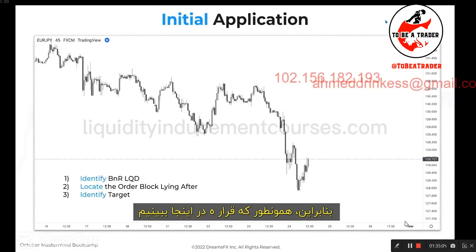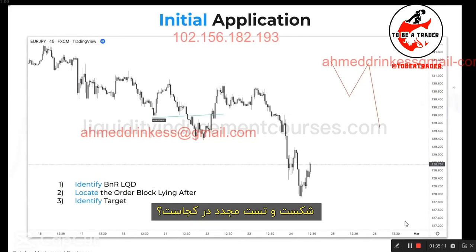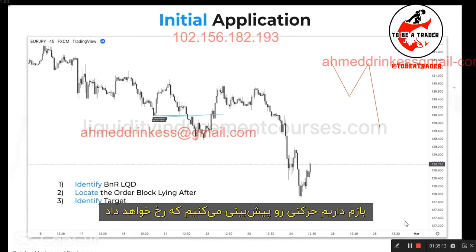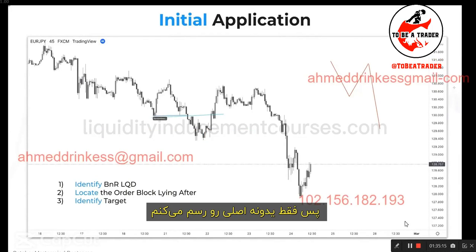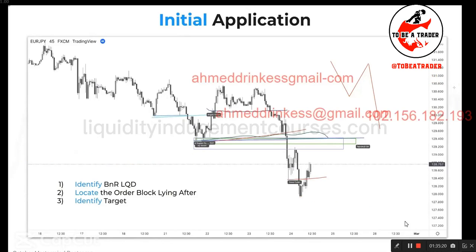So like we want to see here, we're in a bearish trend. Where is the break and retest here? Again, we're forecasting a move that will happen. So I would only draw the main one that's going to anticipate the new move.